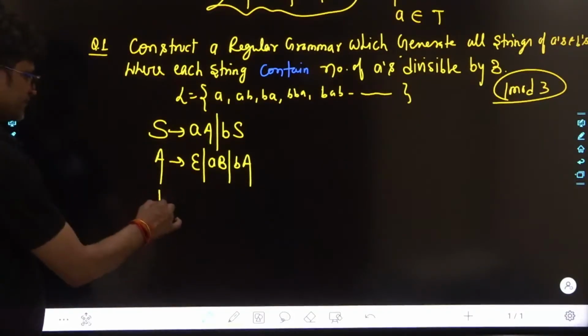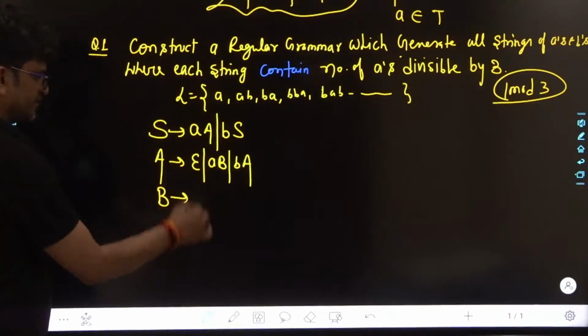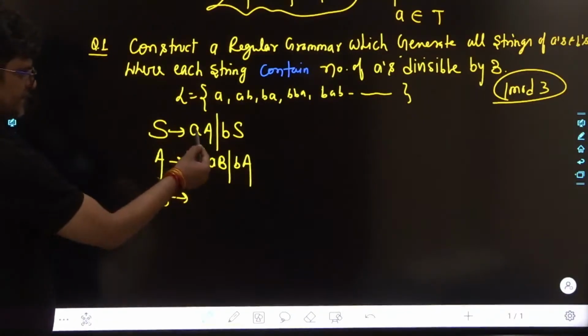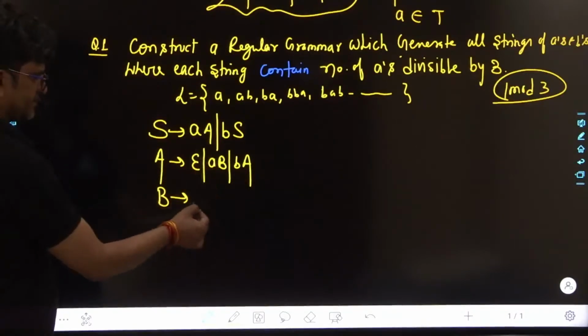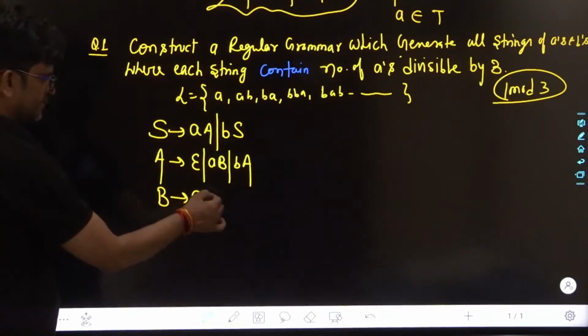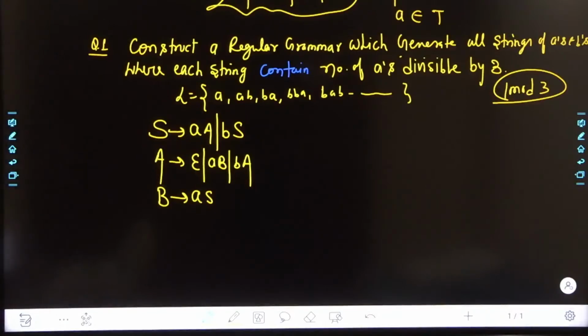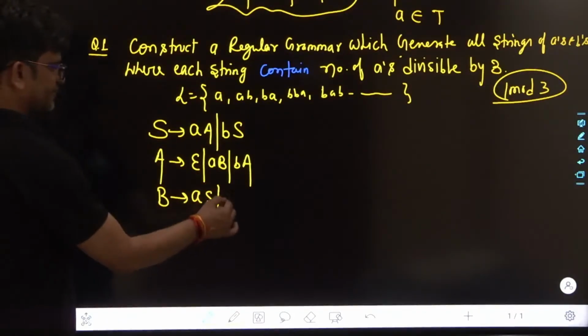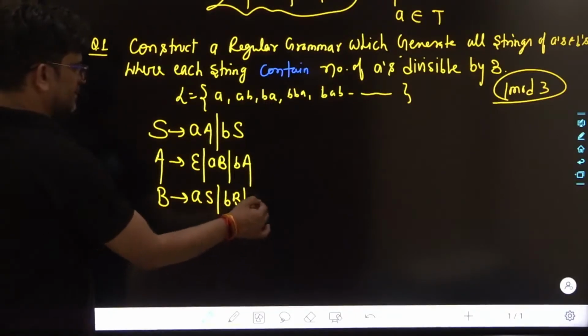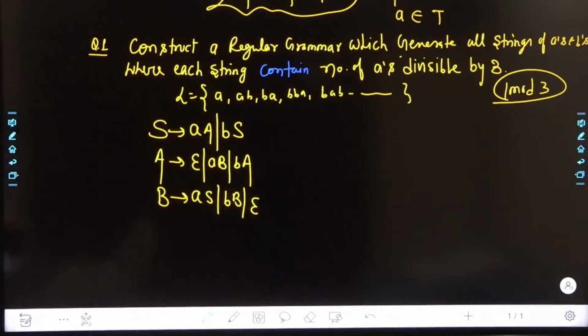Now, what does B generate? 1A, 2A, 3A, and any number of B's, epsilon. This grammar generates number of A's 1 mod 3. Clear?